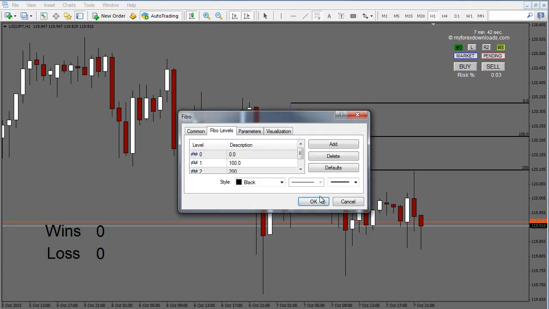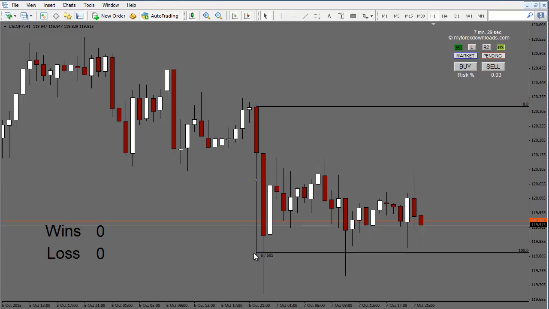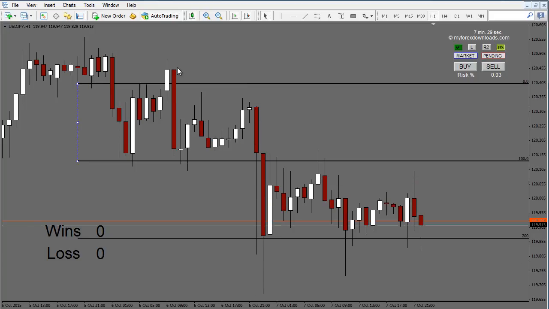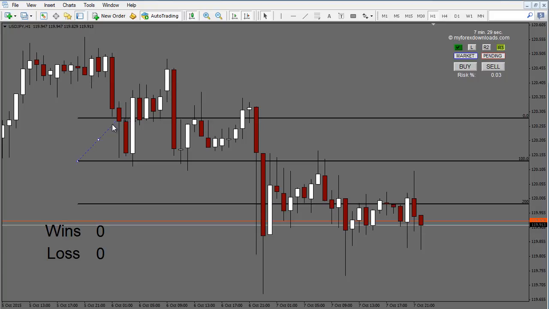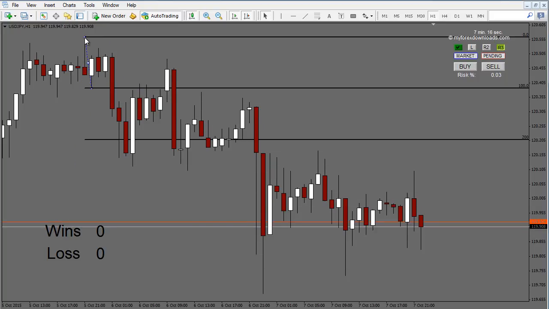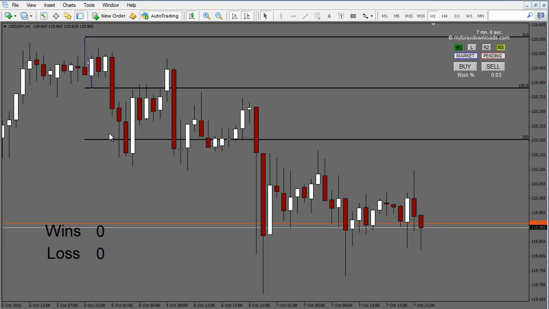What we're going to do with this one is apply it, instead of to a single candle like we did with the weekly chart, to our swings. A swing is pretty much defined by a swing high and a swing low. Where price is making new lows, that gives you your high, and then when it makes a low and breaks to the upside, that's your swing low.